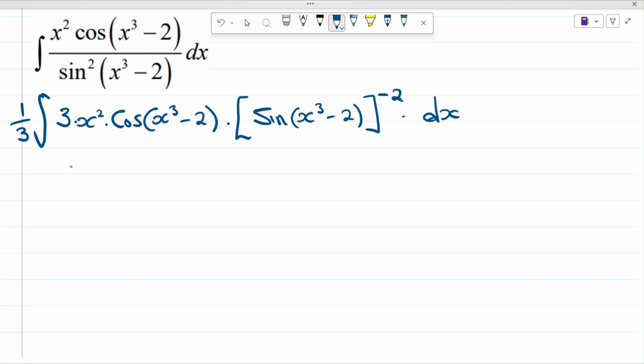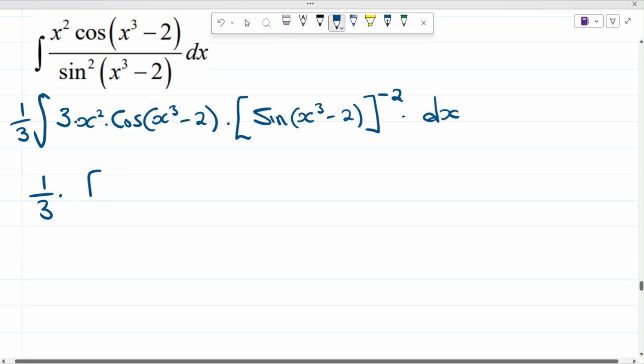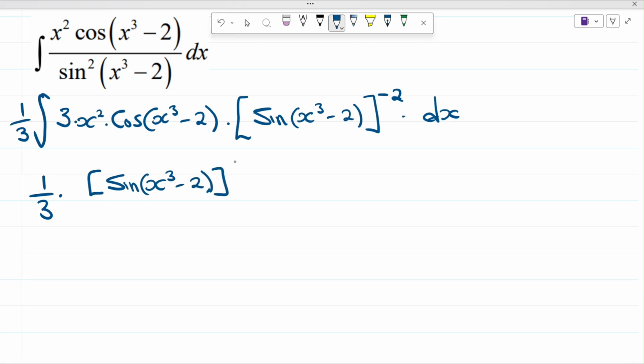So to do that, I'm going to take this 1/3, which is outside, multiplied by the application of the general power rule there. I take my f of x, so sine of x cubed minus 2 to the power -2 plus 1, then that becomes -1, divided by -1, and then plus c.